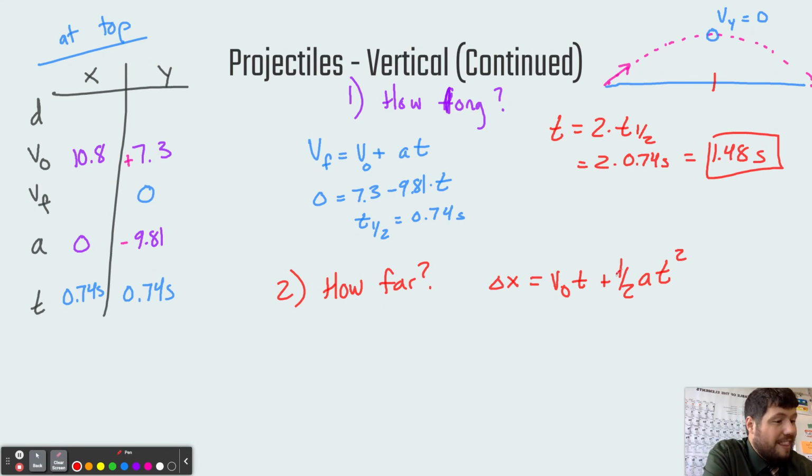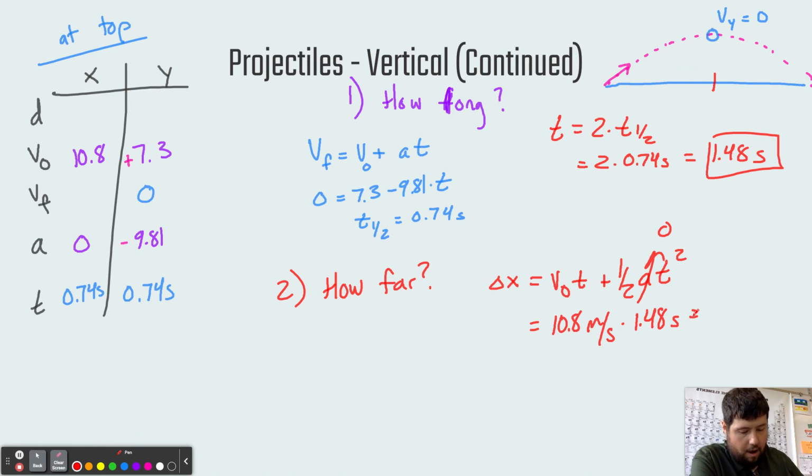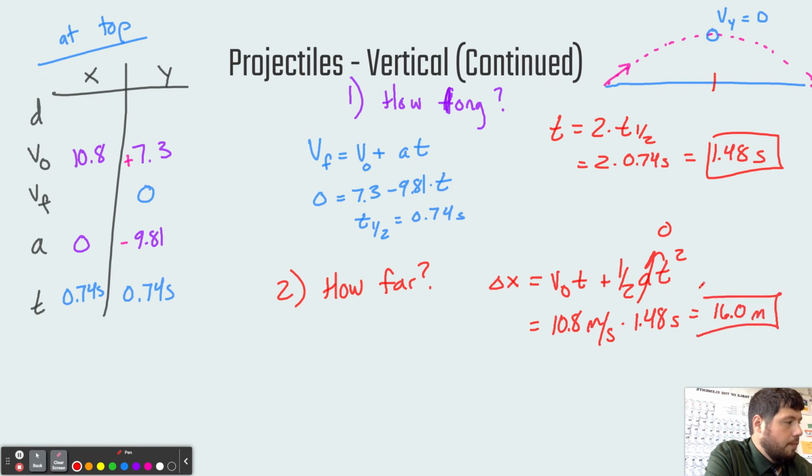Now, remember that in the x direction, the acceleration is 0. So all I need to plug in is my initial velocity, 10.8 meters per second, times the time, 1.48 seconds, and I get an answer of, looks like 16.0 meters. So pretty good soccer player here.